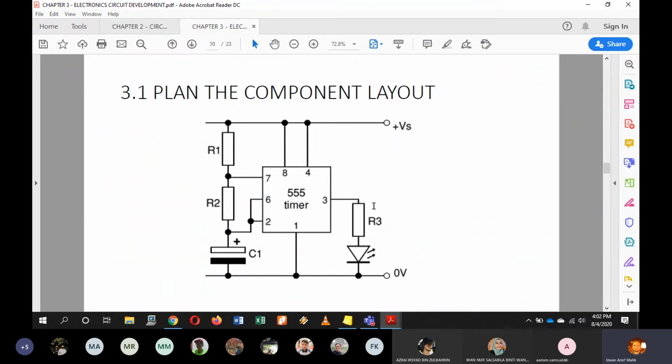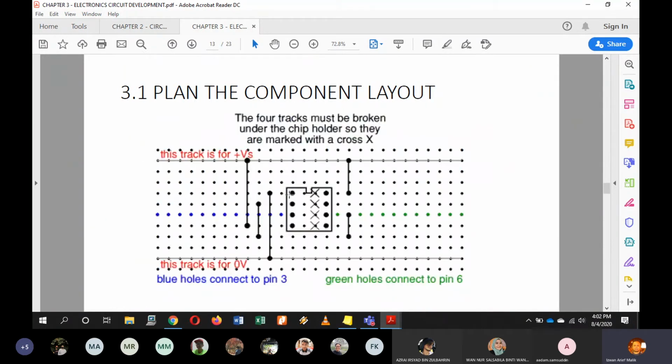So pin 6 and pin 2. How do we connect them? This is pin 2, which will be connected to this row, and it is connected to this line here, which is connected to pin 6. So pin 2 connected to pin 6. This is 2 going to this part here. This is 6. All right.